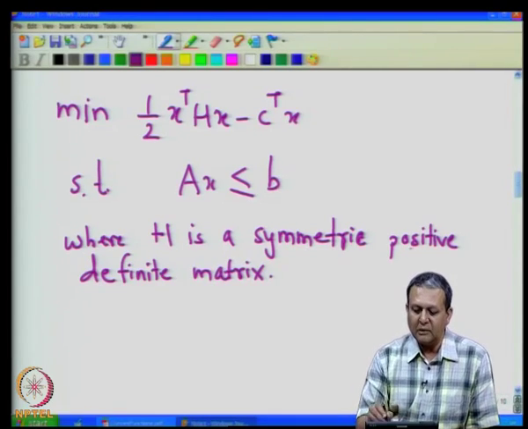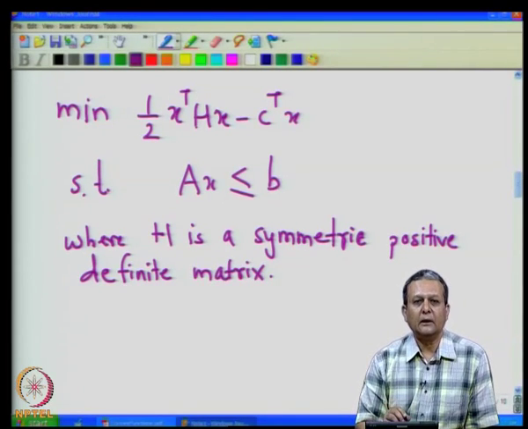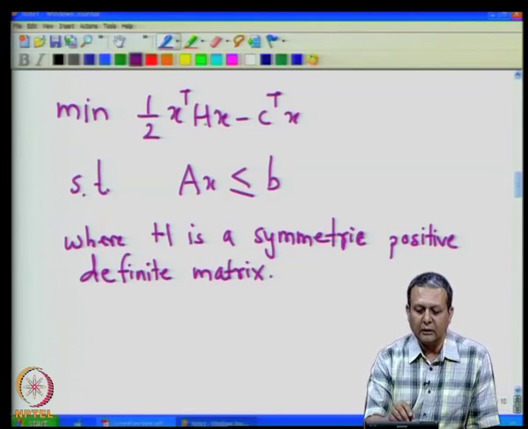If H is a symmetric positive definite matrix, then one can show that this is a convex function.